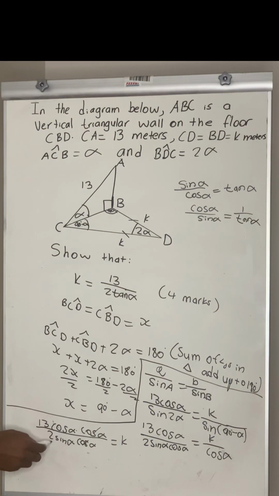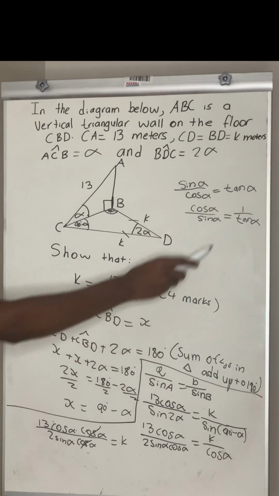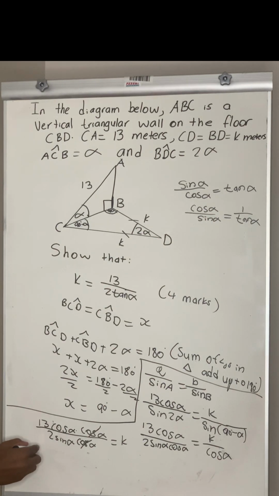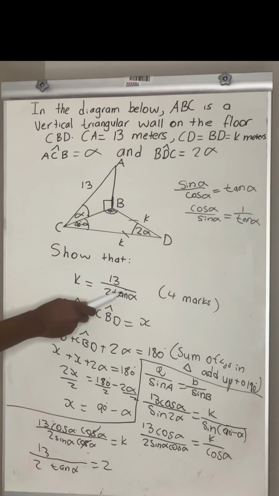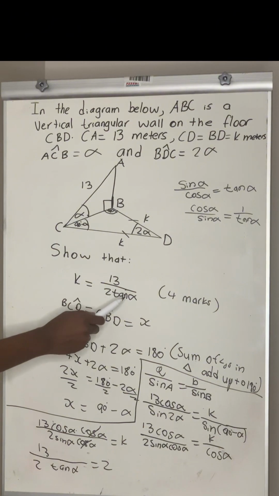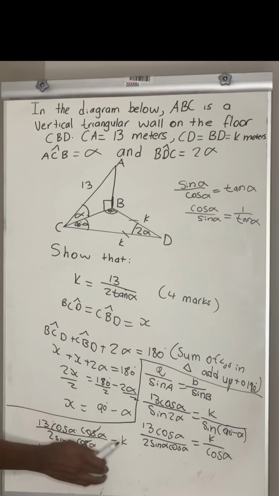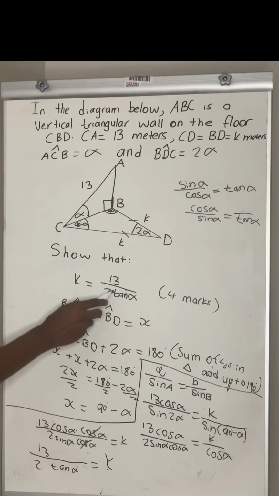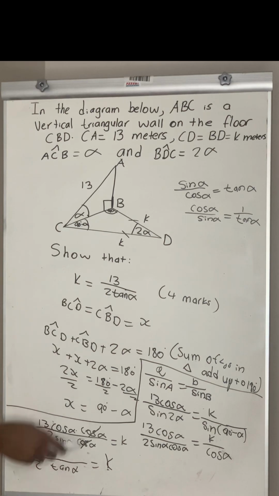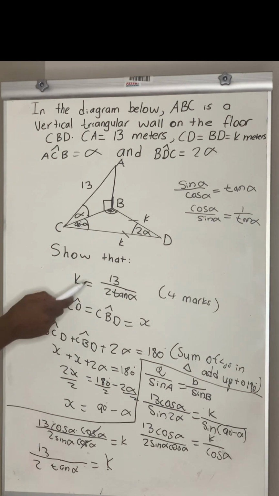So I'm left with 13 over 2 tan alpha, which is equal to k, exactly what we were asked to prove. So we have proven that 13 over 2 tan alpha is equal to k.